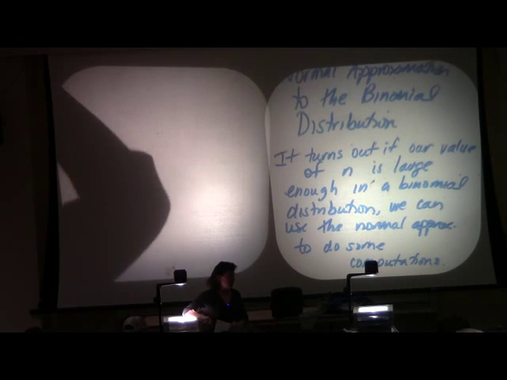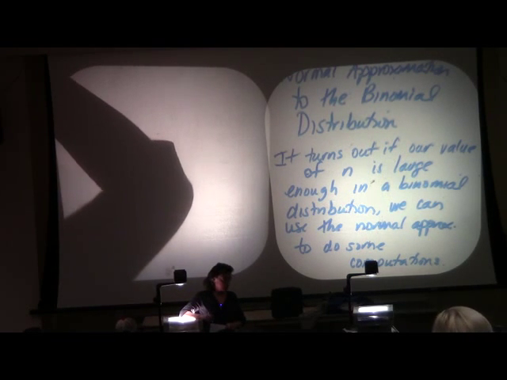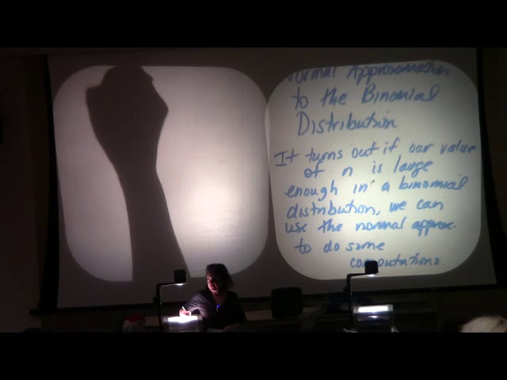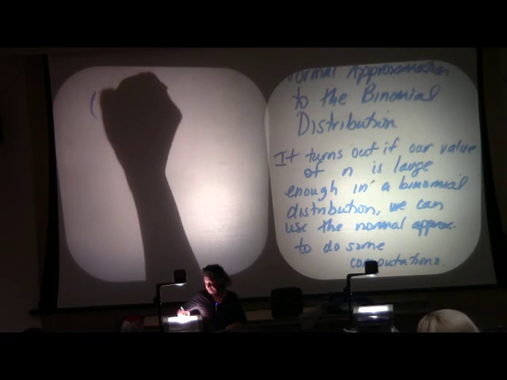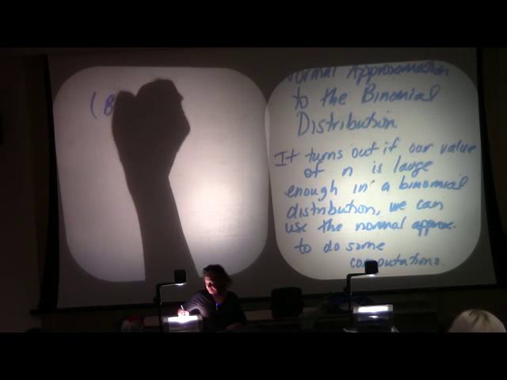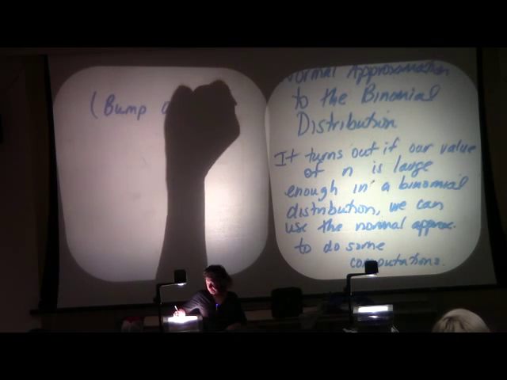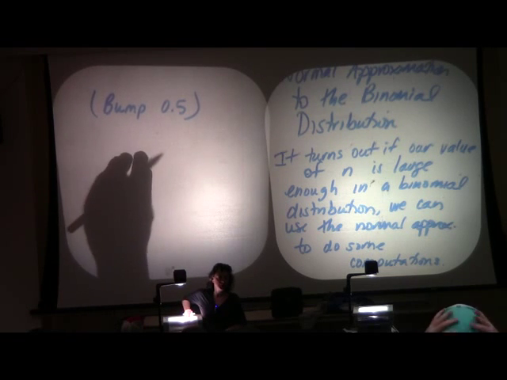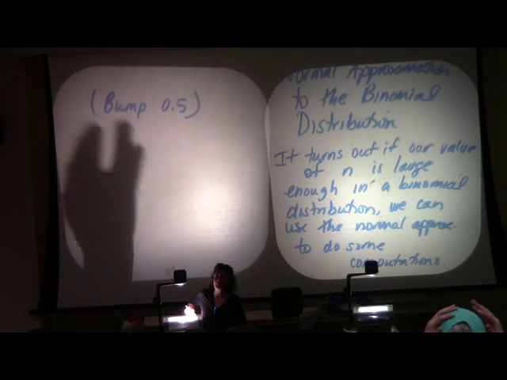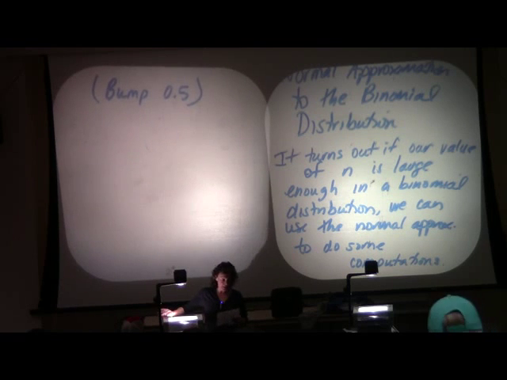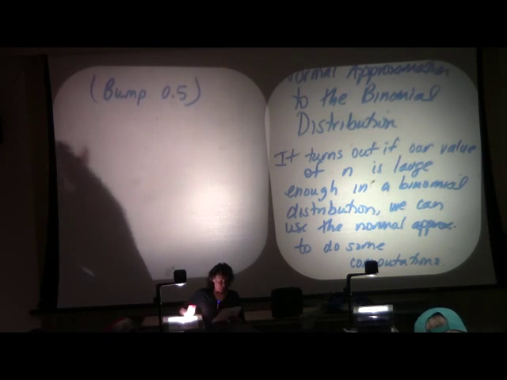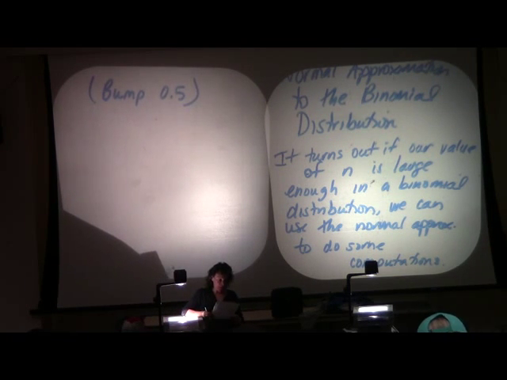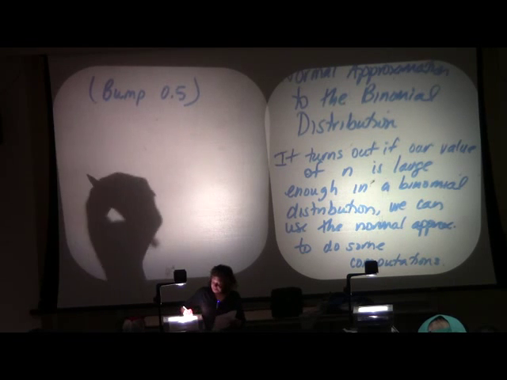When you're dealing with the normal approximation to the binomial distribution, and I even wrote it on your test at the request of someone in my 9 o'clock class, I even give you a hint, bump 25. You have to know which way to bump, and you guys are probably like, what the heck are you talking about? Hold on a second. Okay? So, let me put down an example and let's play with it.